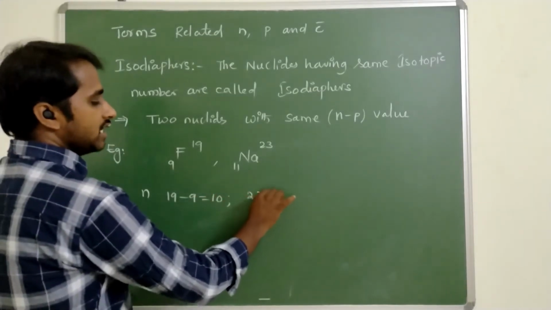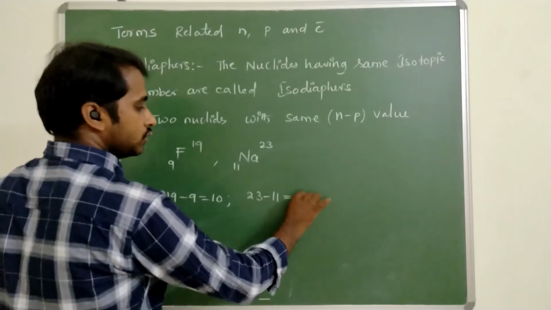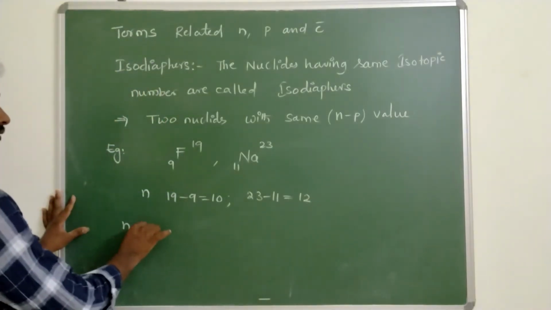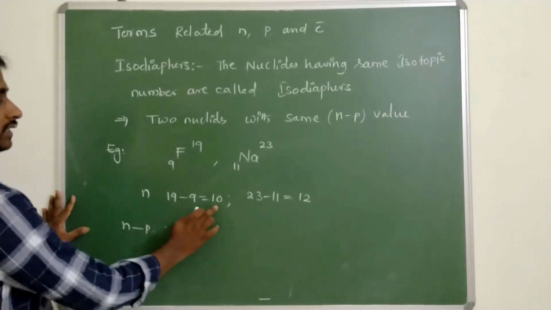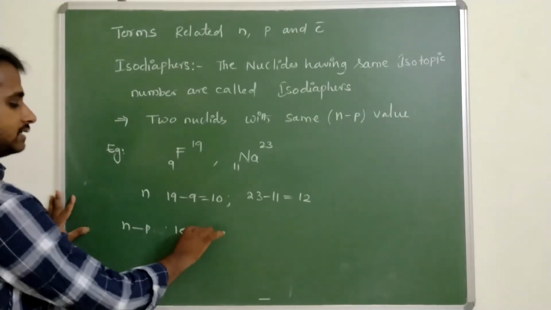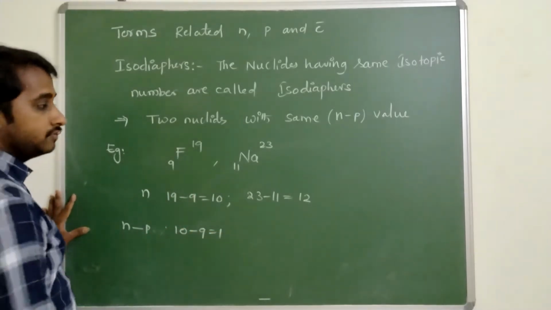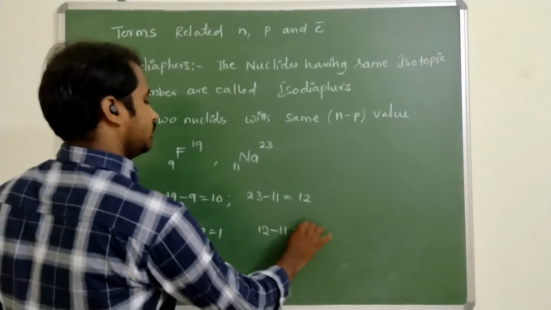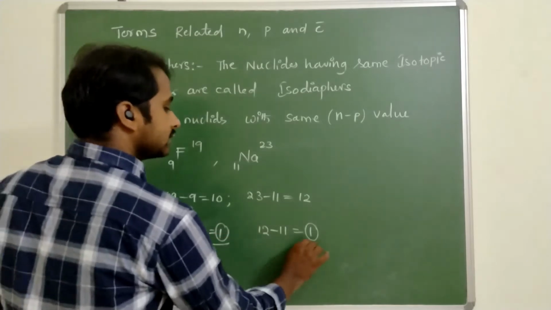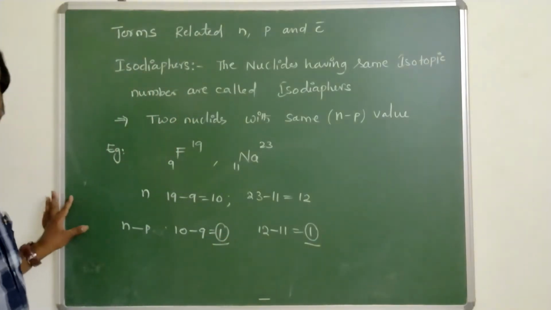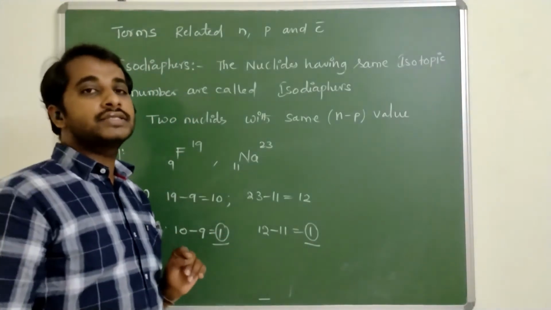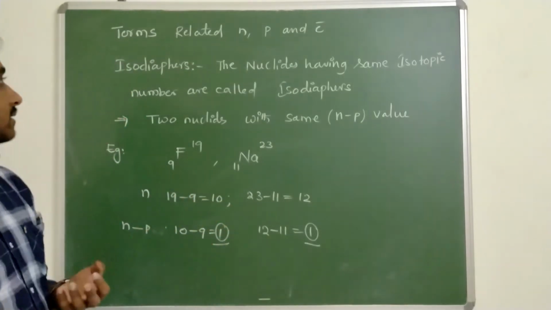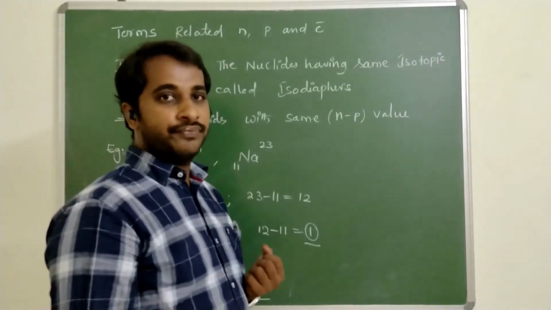Here 23 minus 11 is equal to 12. Now n minus p value: 10 minus 9 is equal to 1. Here the n value is 12, and 12 minus 11 is equal to 1. So 1 is the n minus p value in both cases. So these two act as isodiaphers. Important.